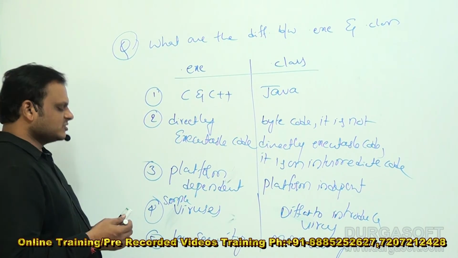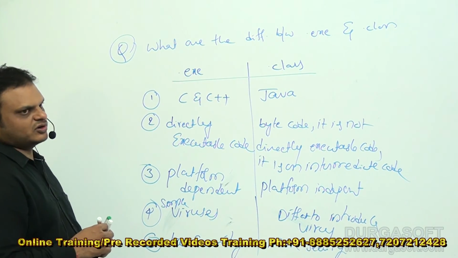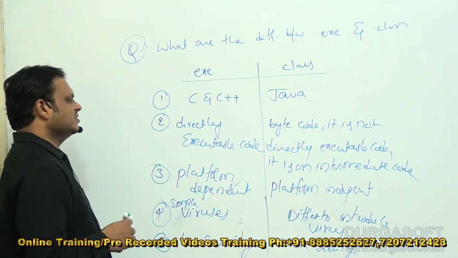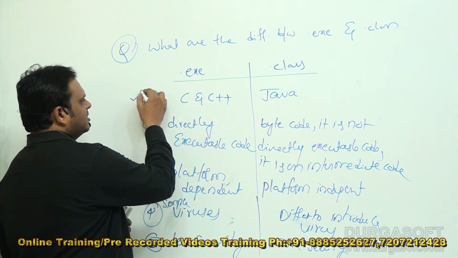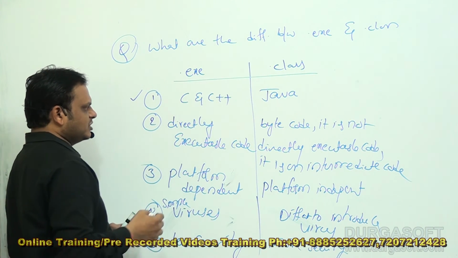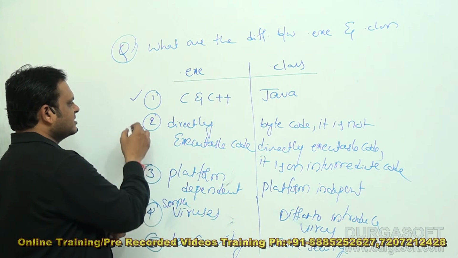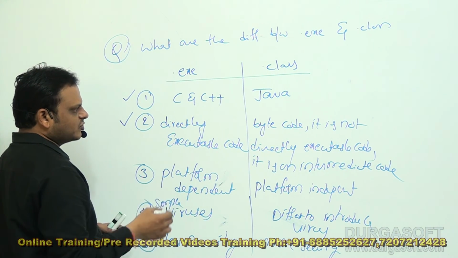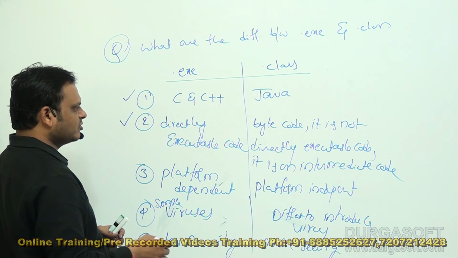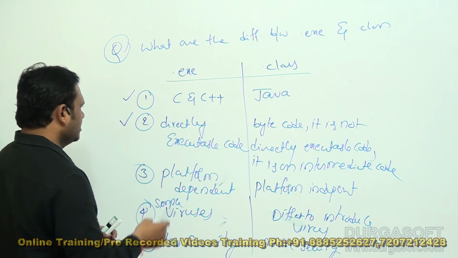So these are the differences between a .exe file and a .class file. First one: the .exe file exists up to C and C++, the .class file is available up to Java. The .exe file contains directly executable code, but the .class file contains bytecode. It is not directly executable code, it is an intermediate code.